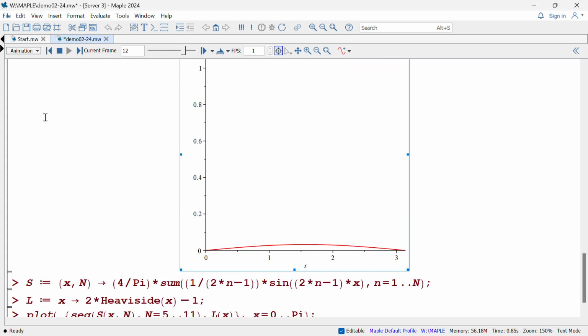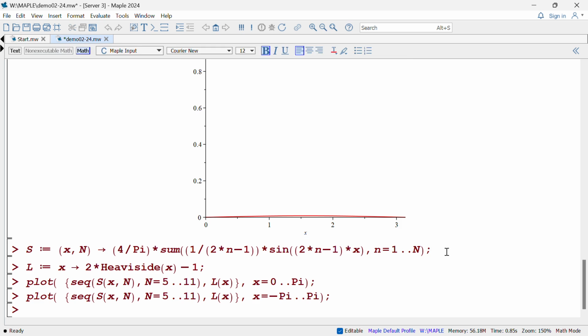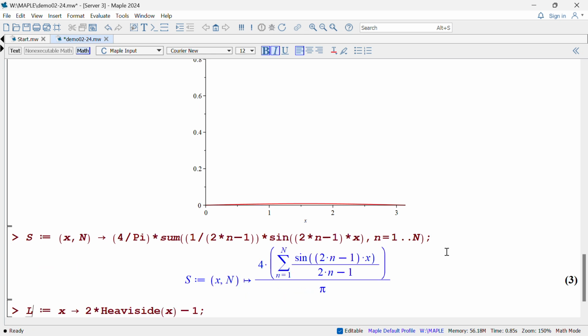I thought I'd show you something fun you can do with Maple here. Now I'm going to take a function of two variables, s of x and n. That's the same sine series converging to the function that's just 1, and it goes out to n, but now I make n a parameter.